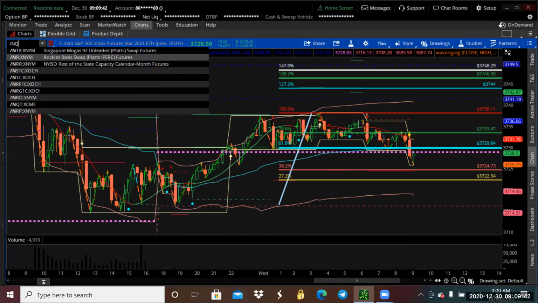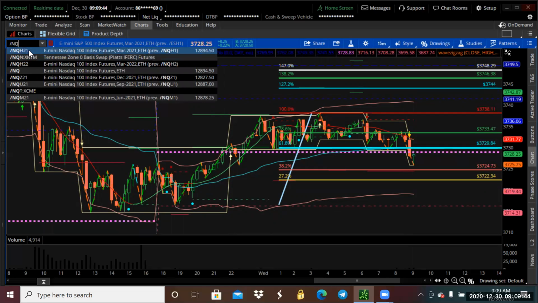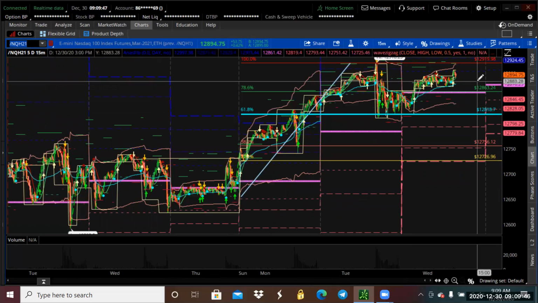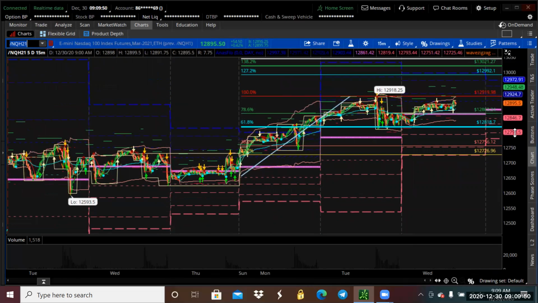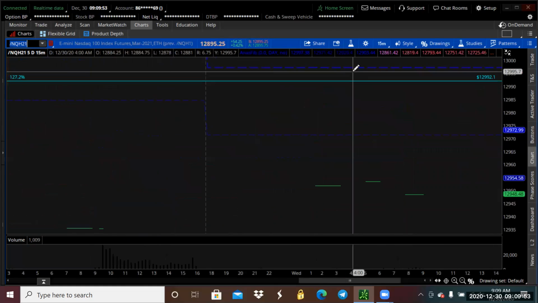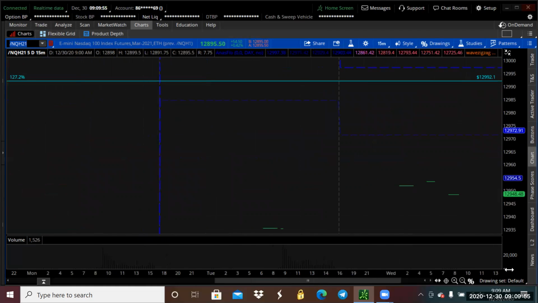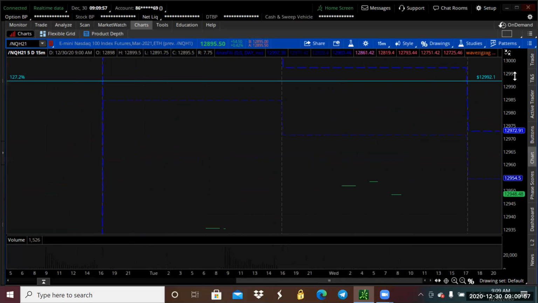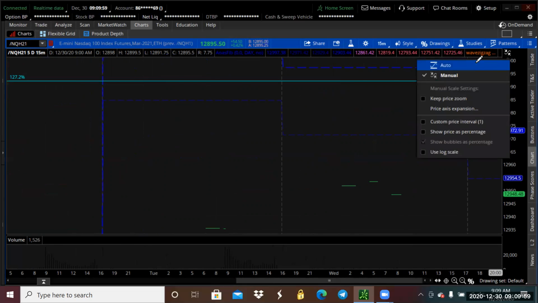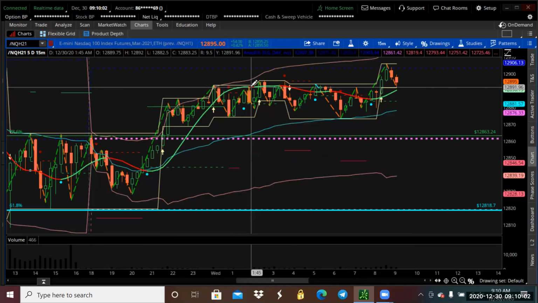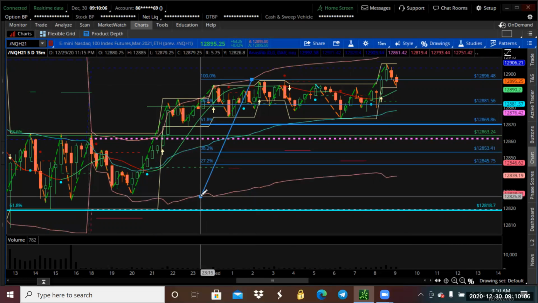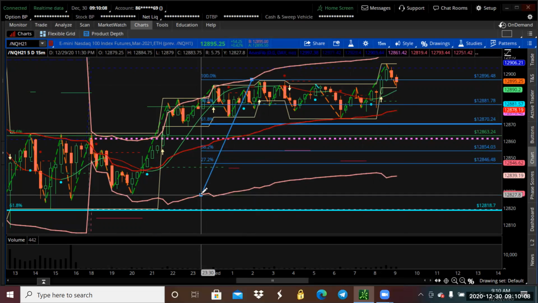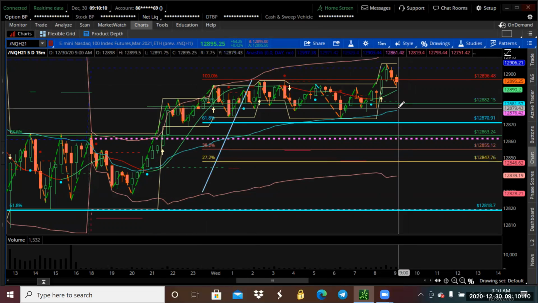Here's NQ. So NQ is going higher. I already have a measurement here. I'm looking at 992 for today. Okay, so if we measure this high to low on here, I want these to go back to the VWAP or possibly to 870.